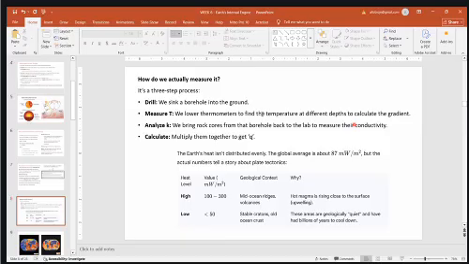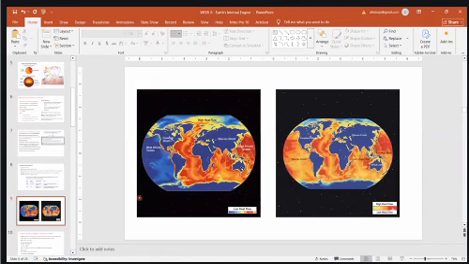I've explained this earlier. So let's move on. This is just a schematic to show how it flows, based on some measurements that I've done in the past around the globe. So let's look at this calculation.